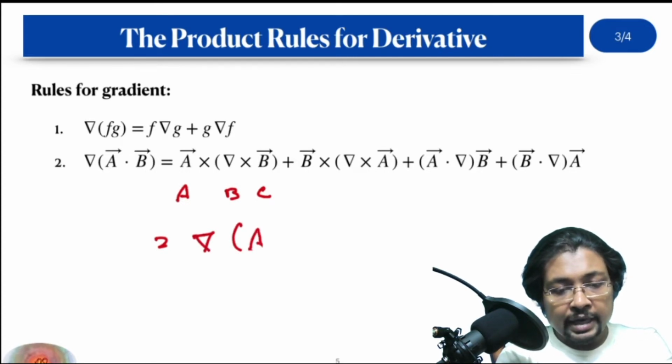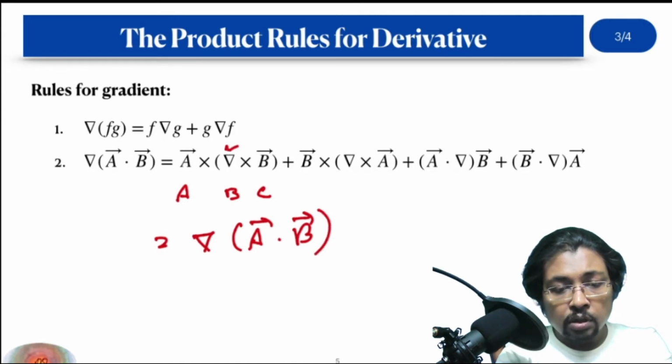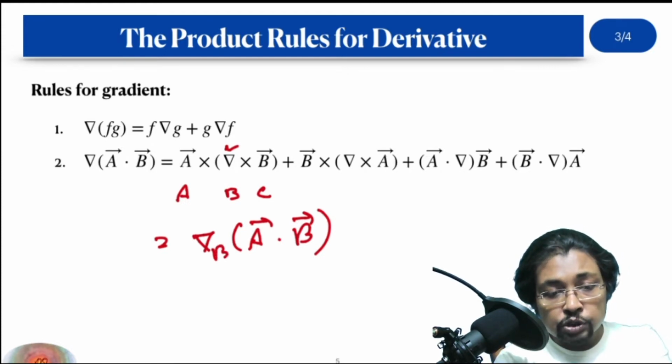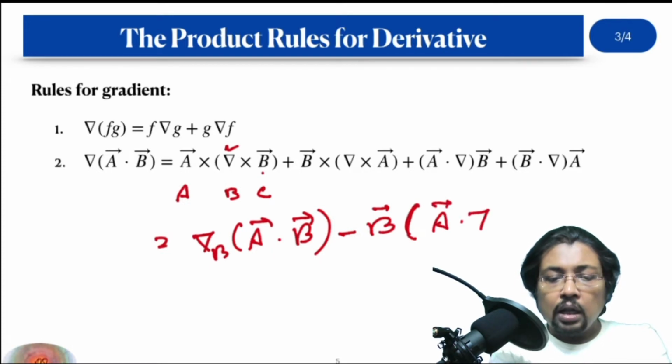So A is A here, but C is the B. Now, initially this operator, here I am taking out from this expression, but this should be replaced by grad B, because initially it was operating over this B vector. And BAC minus CAB, that is B, A dot this one. So this is the BAC-CAB rule for the first one.